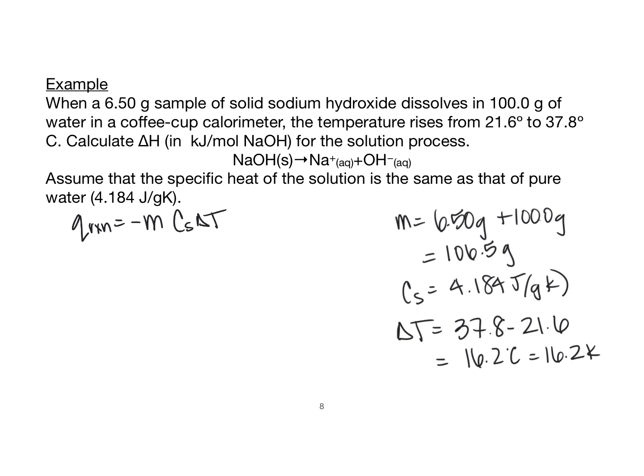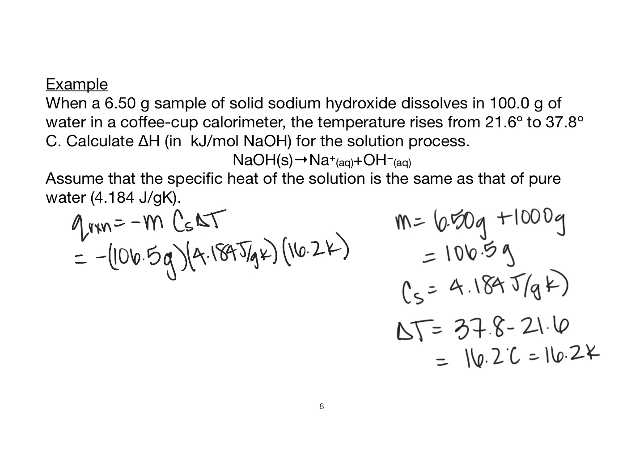So we can now go ahead and plug that into Q reaction, which is going to equal negative 106.5 grams times 4.184 joules per gram Kelvin multiplied by 16.2 Kelvin.